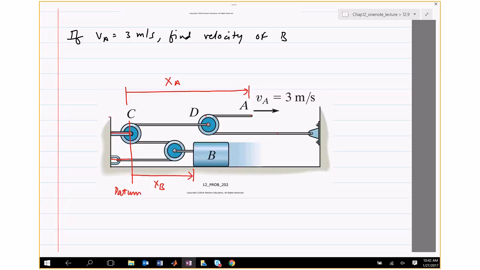Okay, and just because there'll be two equations, I can tell you with certainty that you need to assume three variables, just like the previous problem. Remember, we had defined motion of A, B, and C. In this case, C is here, so that doesn't move, but this point does move.